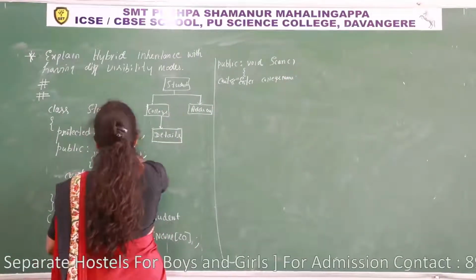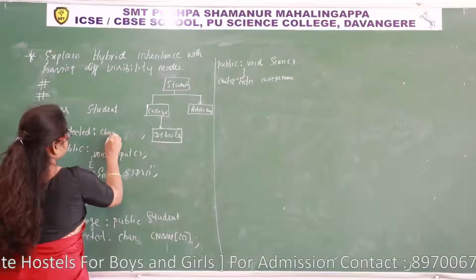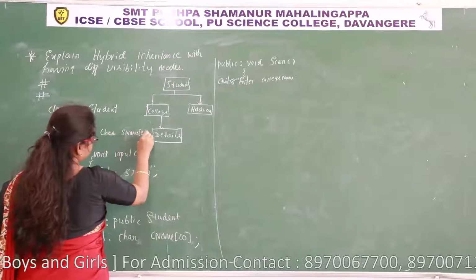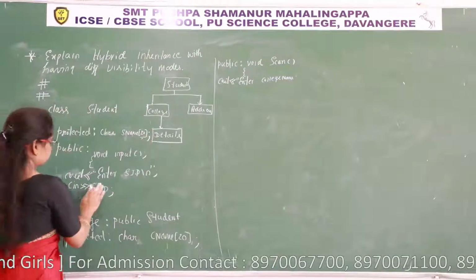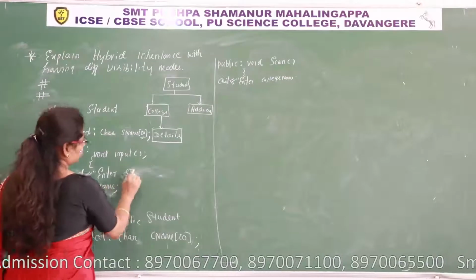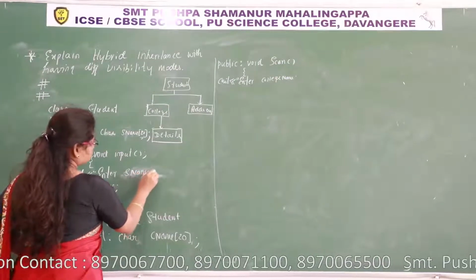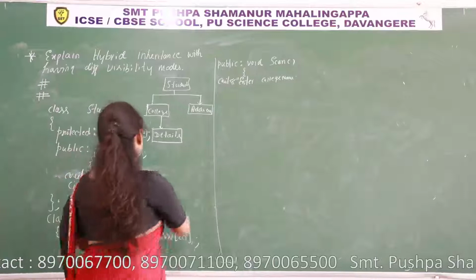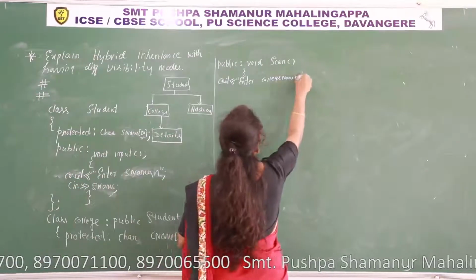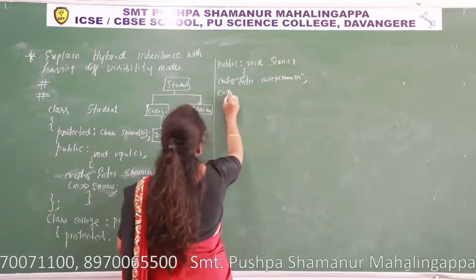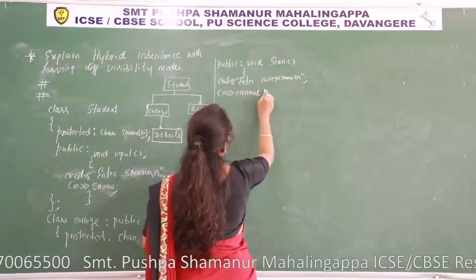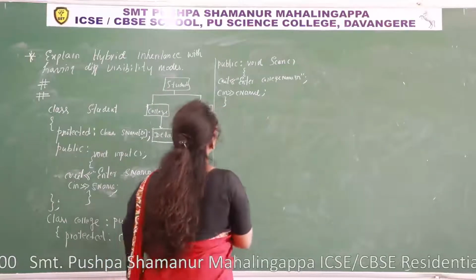Char S name, S name as a string, I'll take 20. Here also S name. College name. Cin extraction C name. Close.